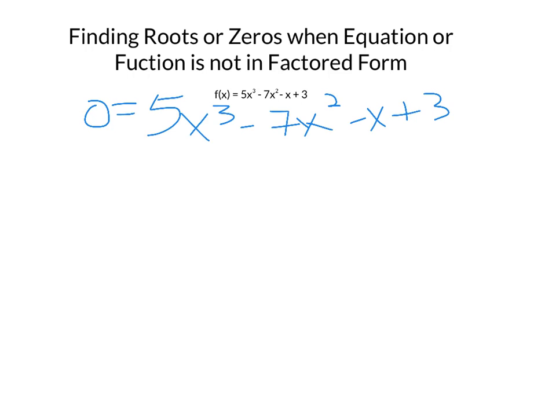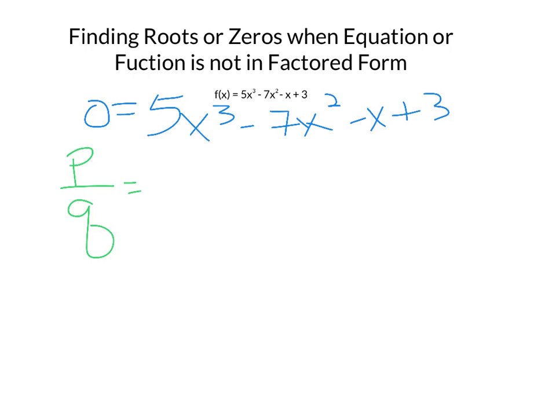The first thing I notice about this equation is that I have 4 terms. If I have 4 terms, I would first try factoring by grouping, which in this case would fail. When factoring by grouping fails, I go to using the rational root theorem. That's where I find my p over q.